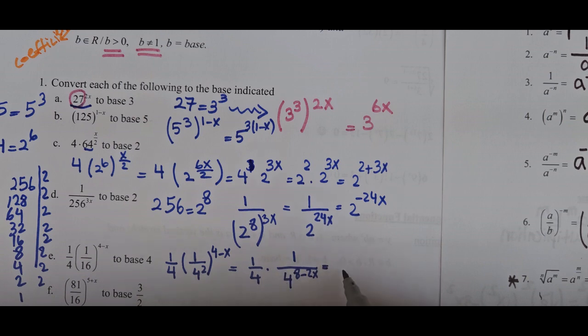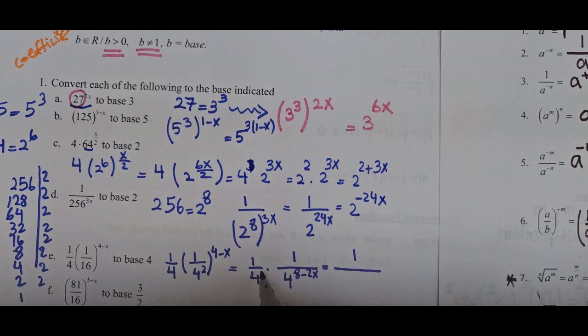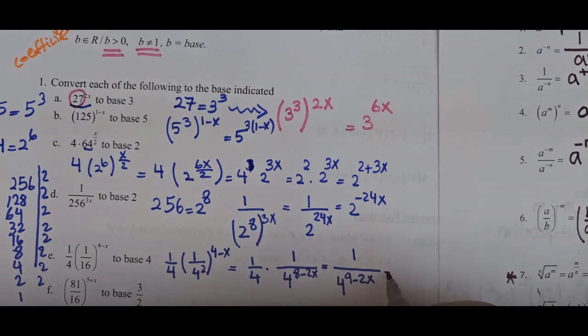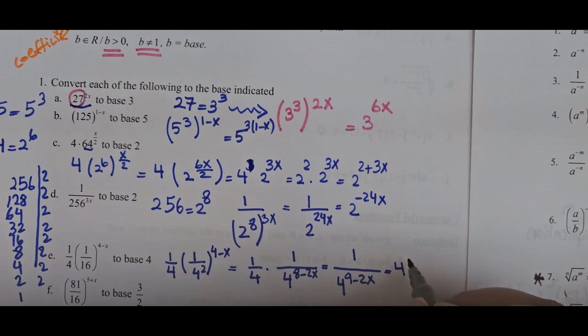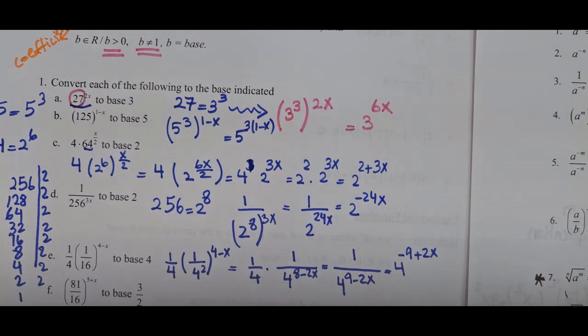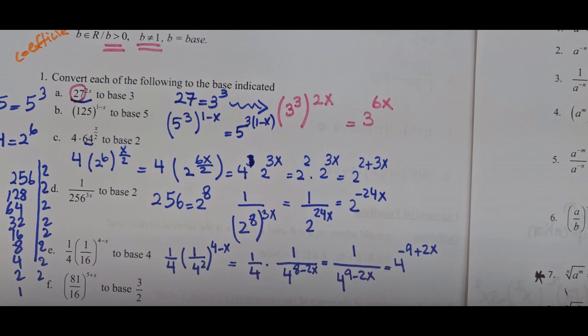Okay, remember, I can simplify it further because this one, the power is 1. So that would be 4. 1 plus 8 is 9 minus 2x. If you want to play around, you can move it up. But here that would be minus 9 plus 2x. You can see how many different forms you can rewrite it.